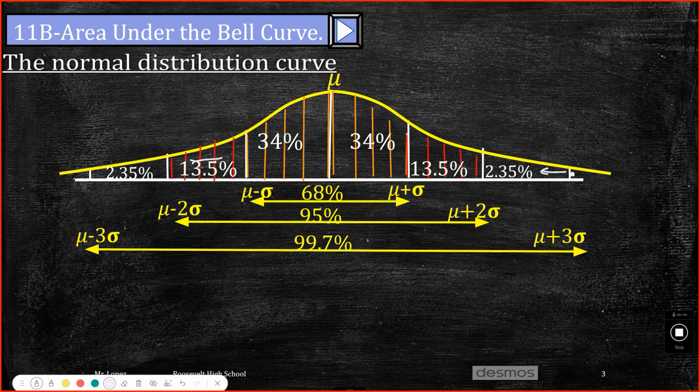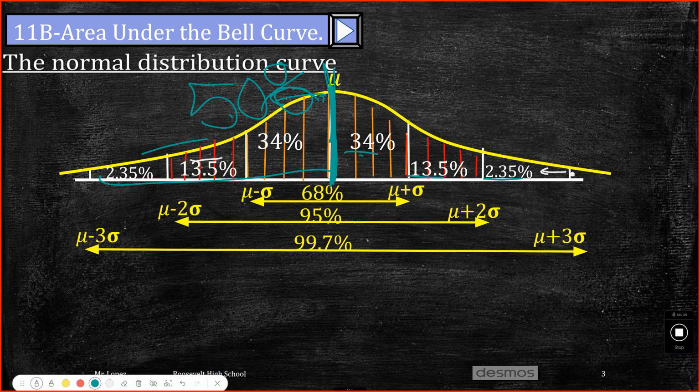Well, look, I'm already getting into the lesson. Would you agree that from the middle to here, how much is this already? Do you know that half is 50 and half is 50 is 100? Yes or no? So you're already doing better than 50 here. So what's 50 plus 34 plus 13.5 plus 2.35? Real quick, get your calculator.